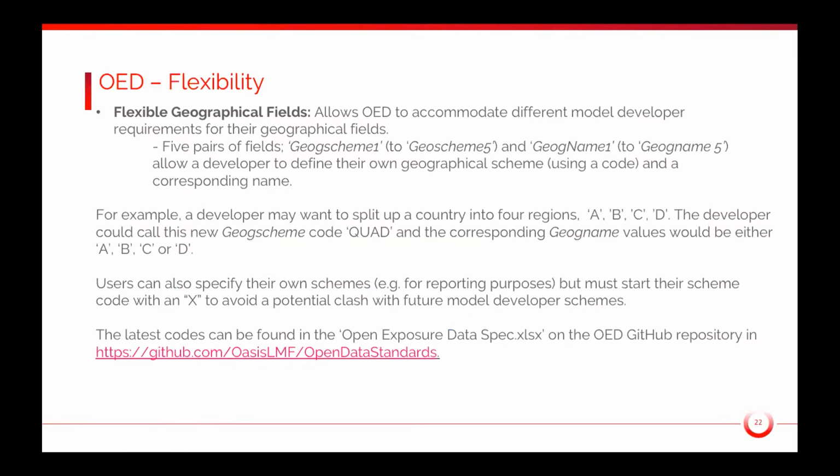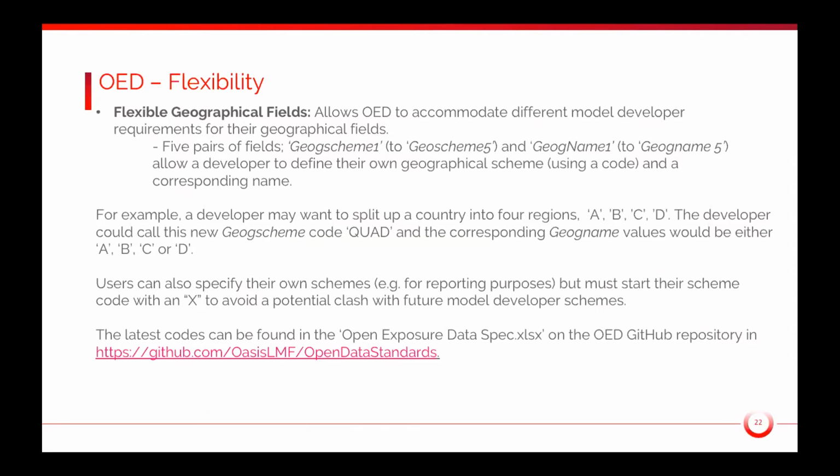Geographical fields. So like I said before, OED has to accommodate multiple developers, and those developers might have different requirements, certainly around geographical fields. So we have 5 pairs of fields, which are called geog scheme and geog name, so 1 to 5 for both. And it just allows a developer to define their own geographical scheme using a code.